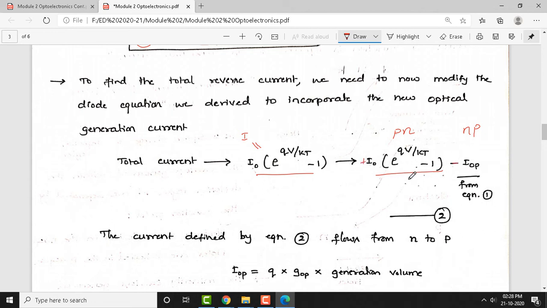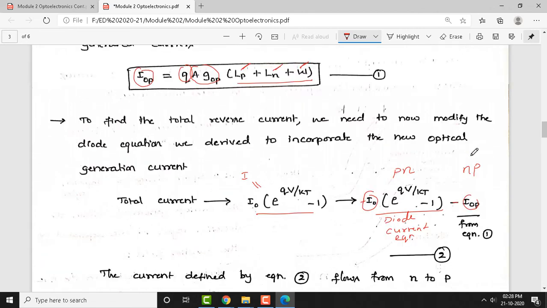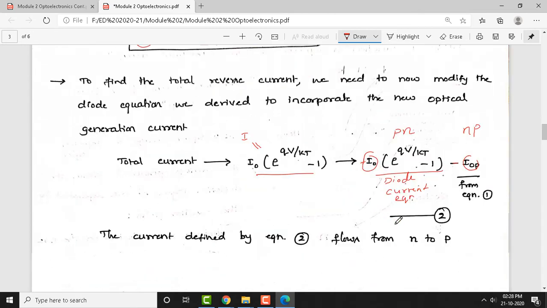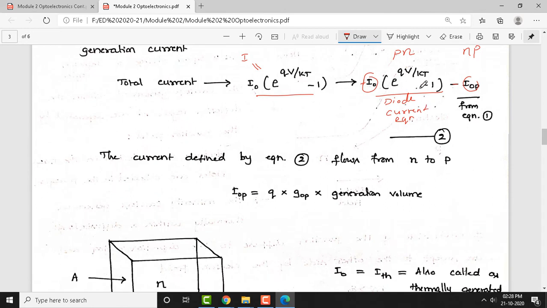So, the total current is the diode current equation, where I naught is the thermally generated current or reverse saturation current, and I_OP is the optical current, which we have shown from equation 1 above. So, the total current flowing in the optoelectronic device is given by this entire equation.